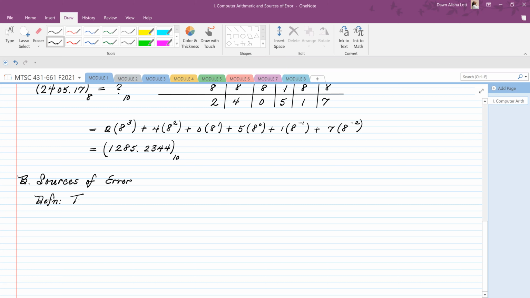So true error is the value of a number, and I'm going to call that X true, minus its approximate value.